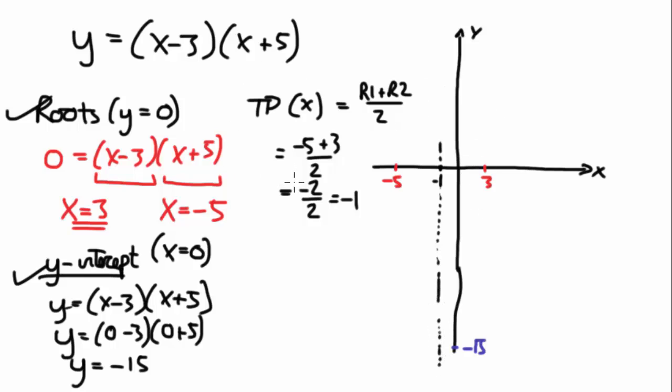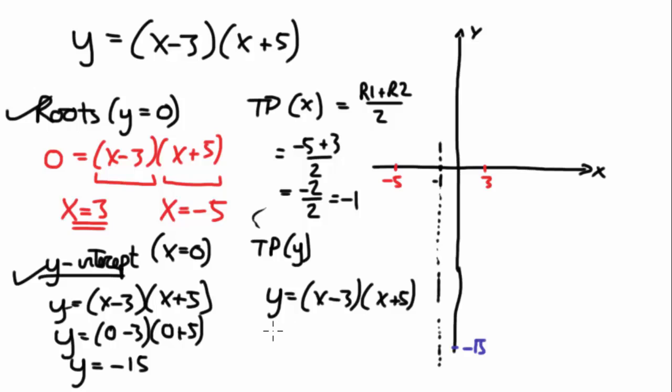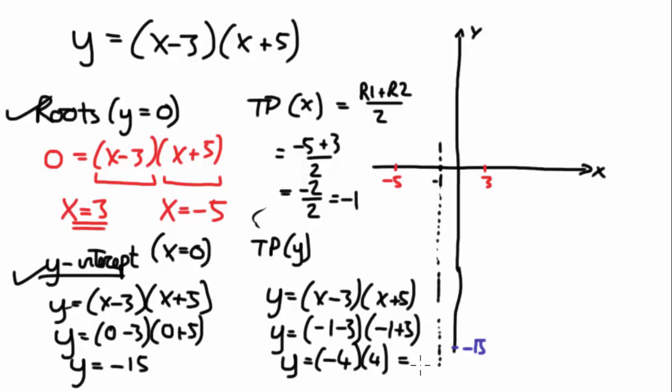So we now need to work out the turning point y coordinate, and that's just when you put this back into that equation. So if we do y equals x minus 3, x plus 5, what we can then do is y equals, we'll just say that's minus 1 minus 3, minus 1 plus 5, and then we just say y equals minus 4 times 4, so the y coordinate is going to be minus 16.